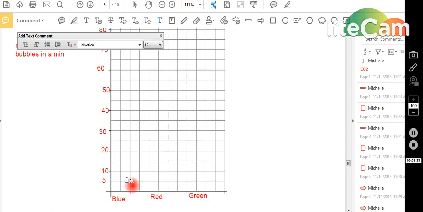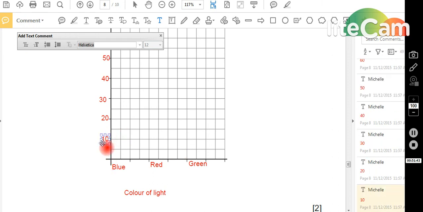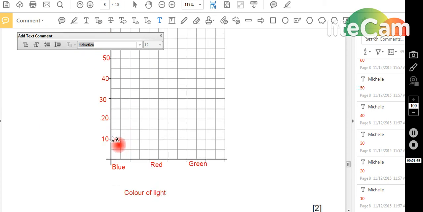Okay, and that's 100. Okay, let's erase this one. Okay, so either yours can look like this. You can only do 10, 20, 30, 40, 50 up to 100, or you can do 5, 10, 15, 20, 25, 30, 35, 40, and so on.